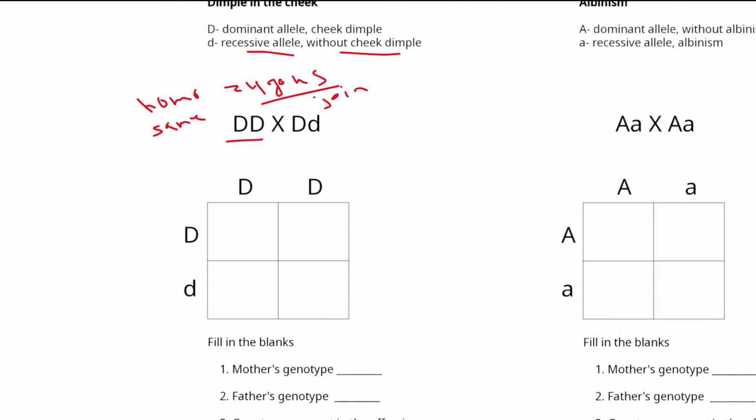Some copies will be dominant, some will be recessive. We get one allele from our mom, the other from our dad. The first set of alleles usually represents the mother's contribution, and then the second set would represent the father's contribution.